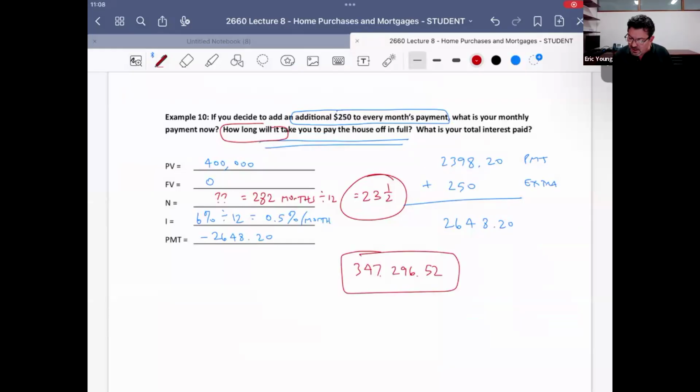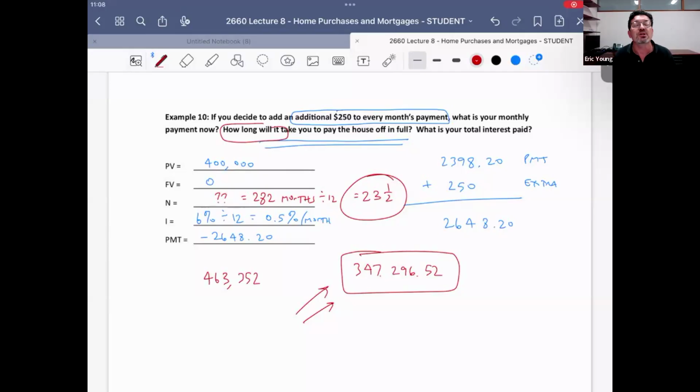But not only did you retire your loan 6.5 years early, but look at, in our original loan, our total interest was $463,352, I believe. Now it's this. So on top of shaving 6.5 years, you saved just under 100 grand or so in interest. And I ask you, as I always ask you, what can you do with that money? Okay, that's your opportunity cost.